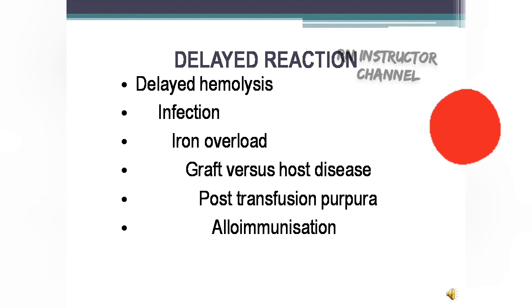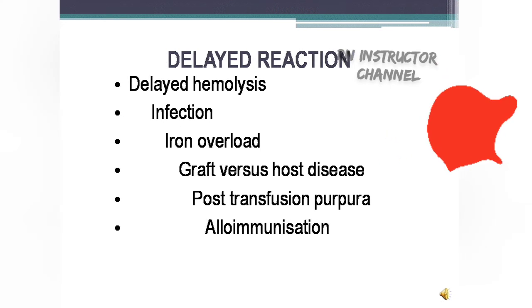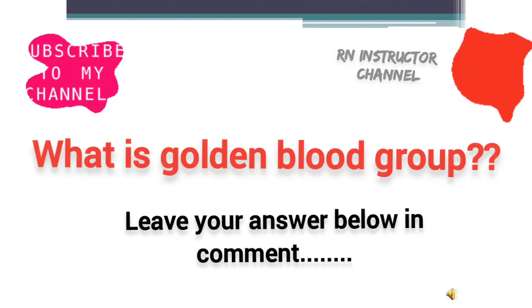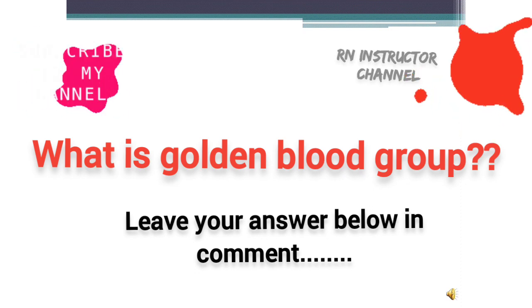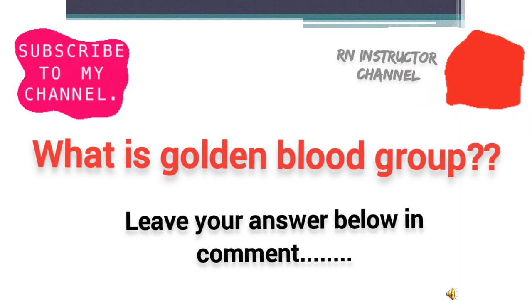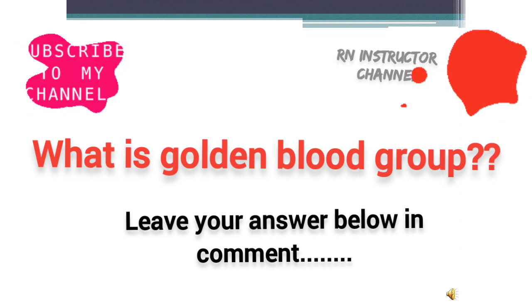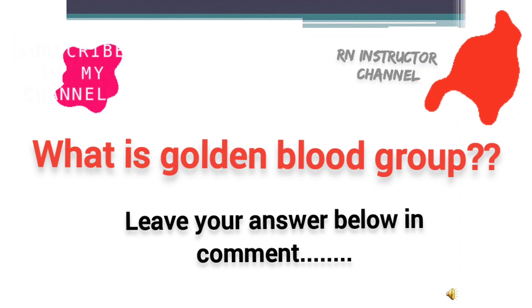The delayed reactions are delayed hemolysis or infection, iron overload, graft versus host disease, post-transfusion purpura, or alloimmunization, which are very serious conditions for the human body. In case of any kind of reaction, it is our responsibility to immediately stop or hold the blood transfusion. Hope I have covered maximum things in the presentation.